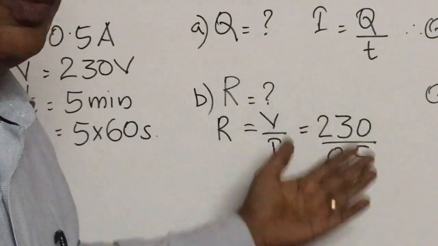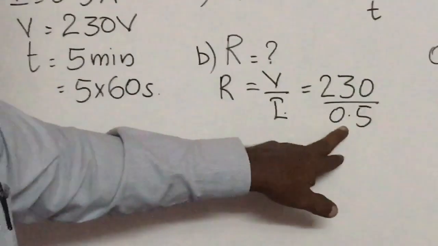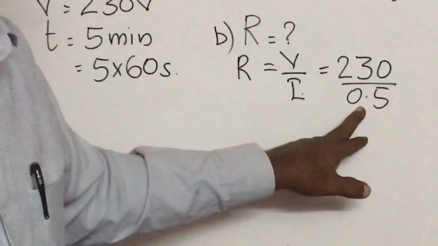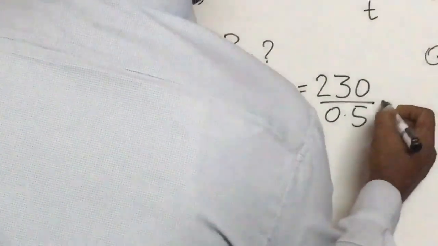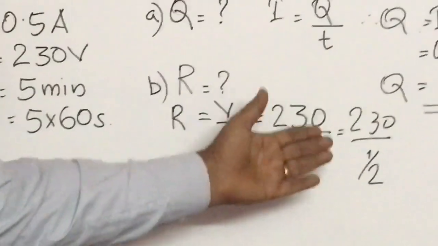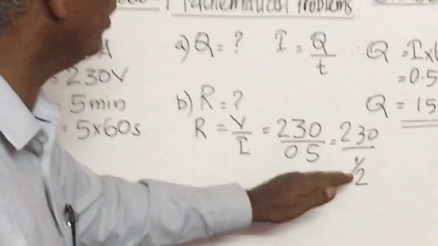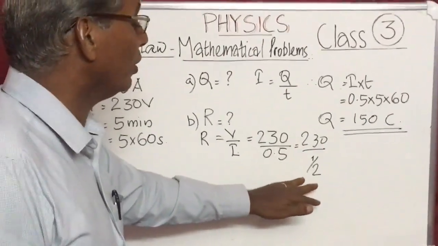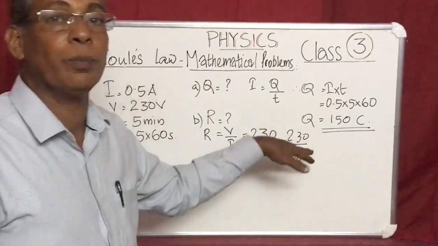We can do it in two ways, but I will tell the simple, easy way. This 0.5 is nothing but 1 by 2. So 230 by 1 by 2 is nothing but 230 into 2 by 1, because when dividing a number by a fraction, we write the number into its reciprocal.